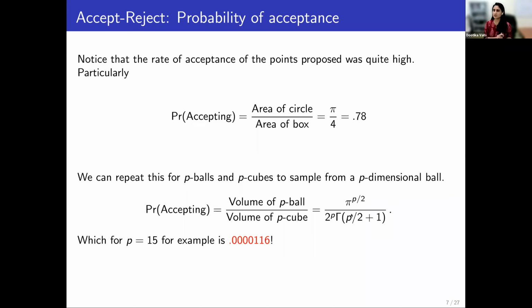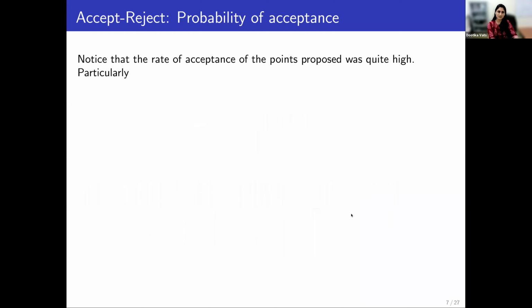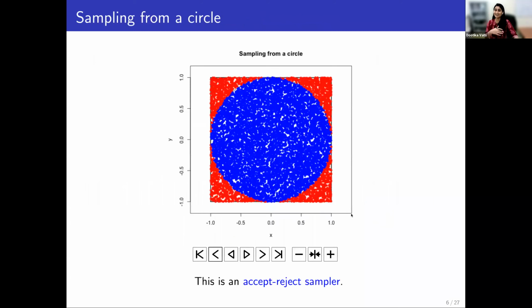So a 15-dimensional ball, and we want to encapsulate it in a 15-dimensional cube. Turns out that the probability of accepting is 0.0000116, okay? Which means that 1 out of every 1 lakh draws will be accepted. This is just to get 1 acceptance from the sphere, right? Remember in this plot over here, we did 10,000 acceptances, 10,000 blue points pretty quickly.